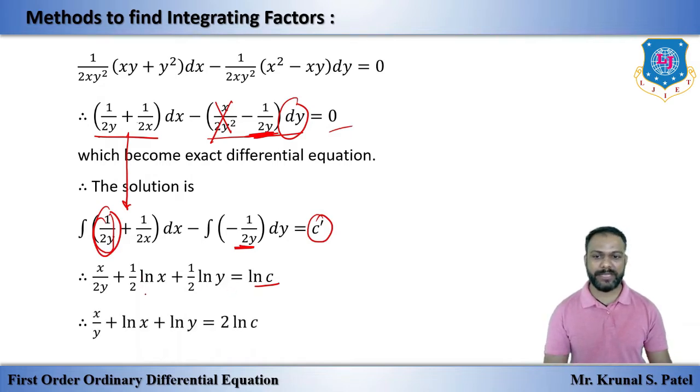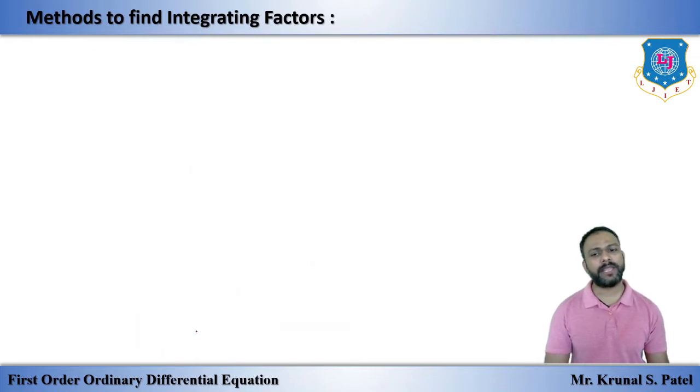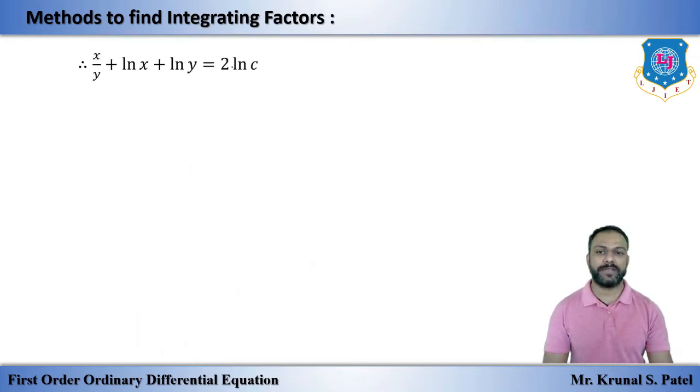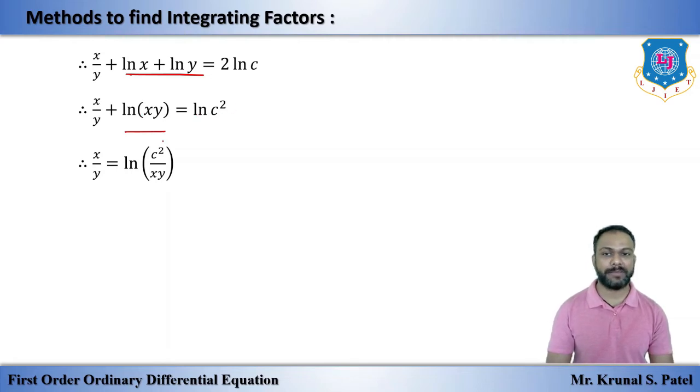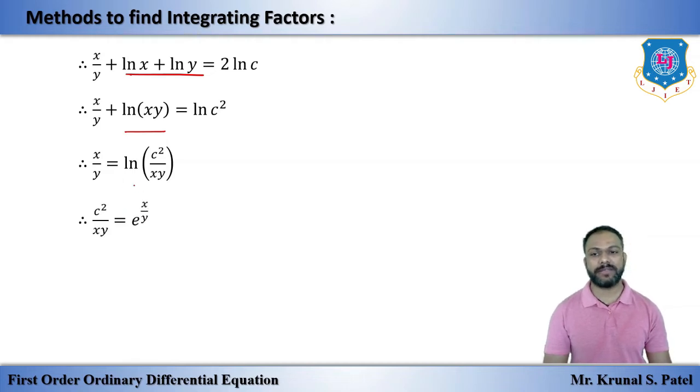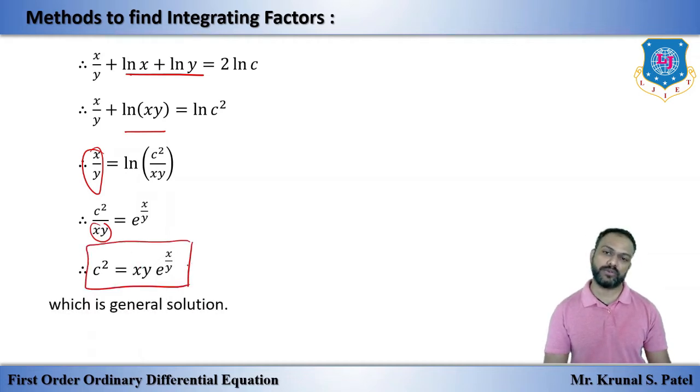Now by simplifying, taking LCM 2, we have 2 ln c, and by simplifying this, we have ln c square, and by using the logarithm rule, log xy, taking on the left hand side, we have ln c square minus ln xy, so this is minus, so in the denominator, by taking the integral on both sides, we have e raised to this term, and taking this term on the right hand side, we have this. This is our final general solution.